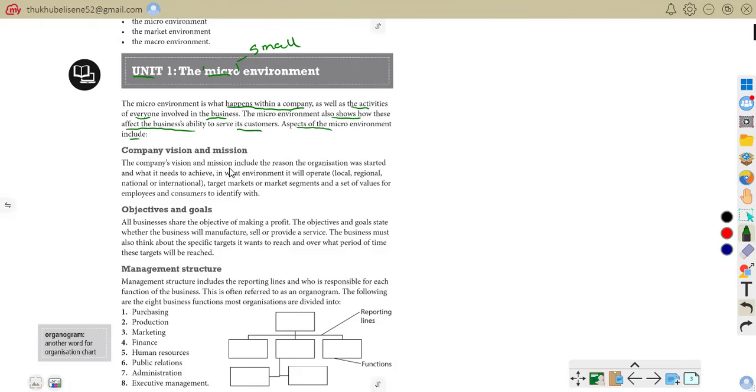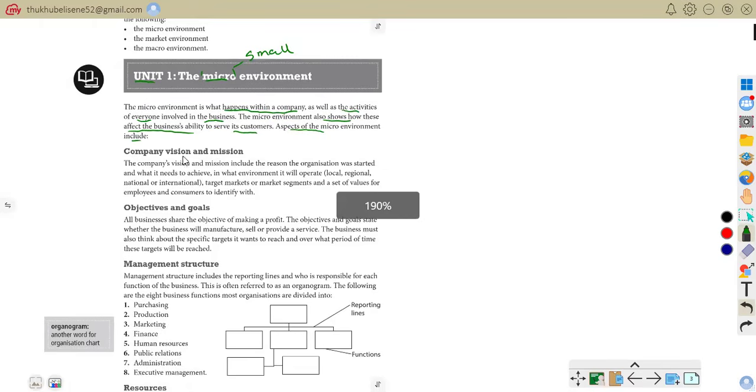Before we can talk about the aspects that are included in the microenvironment, what exactly do we mean when we talk about a microenvironment?